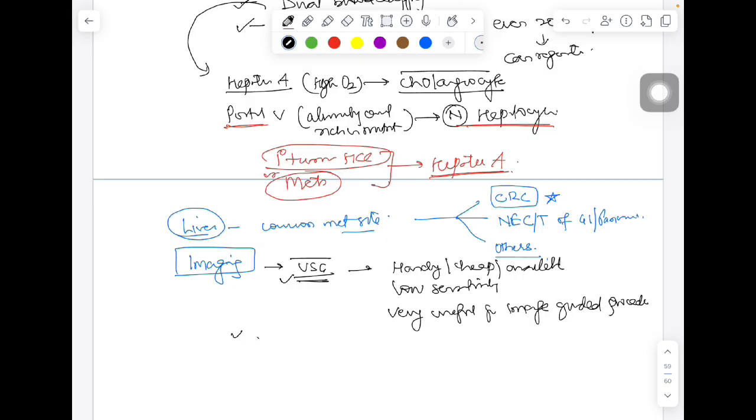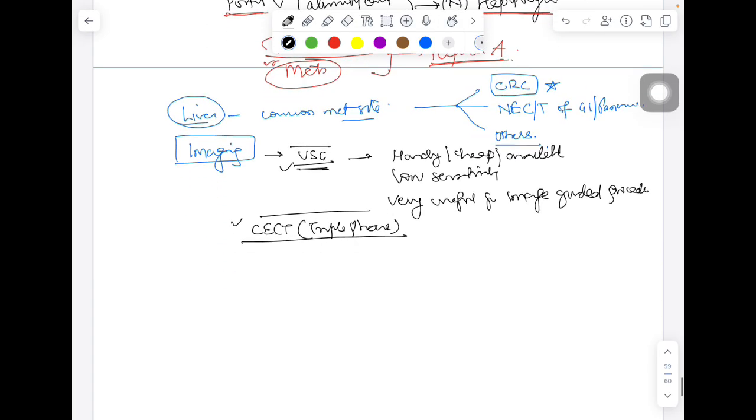What else do we have? We have CECT, that is triple phase. This one is important. So what does triple phase mean? There we are giving dye, and we take phasic images. Pre-dye insertion, this is the non-contrast phase, also called the early phase, before giving the contrast dye.